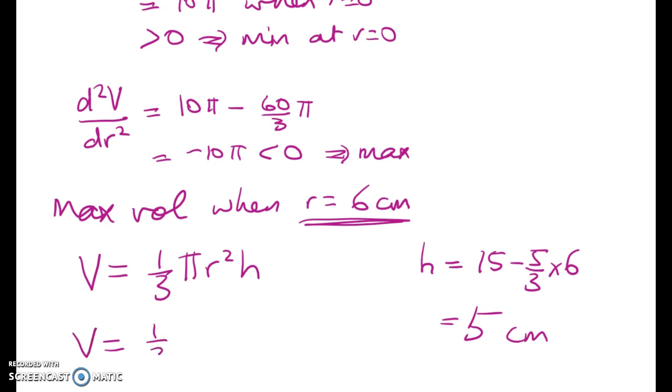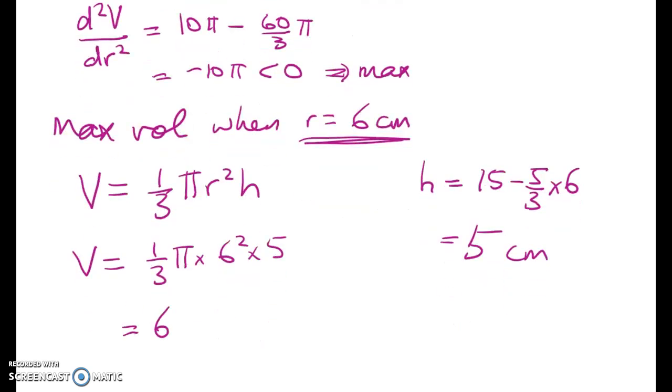So the volume will be 1/3 pi times 6 squared times 5, which is 60 pi cubic centimetres, roughly equal to 188.5 centimetres cubed.